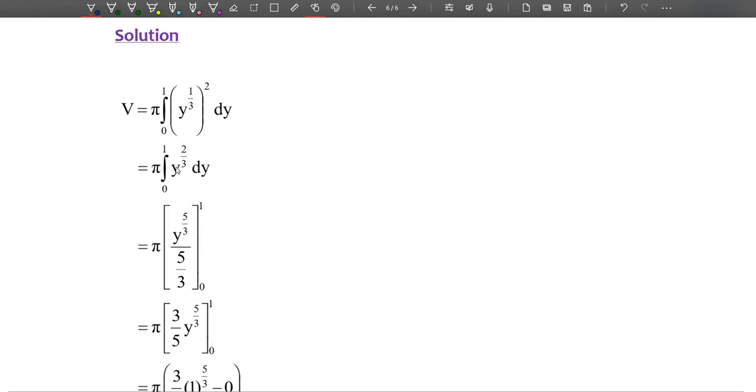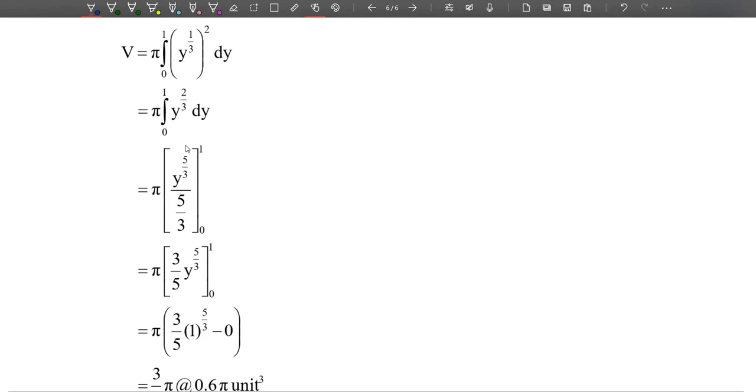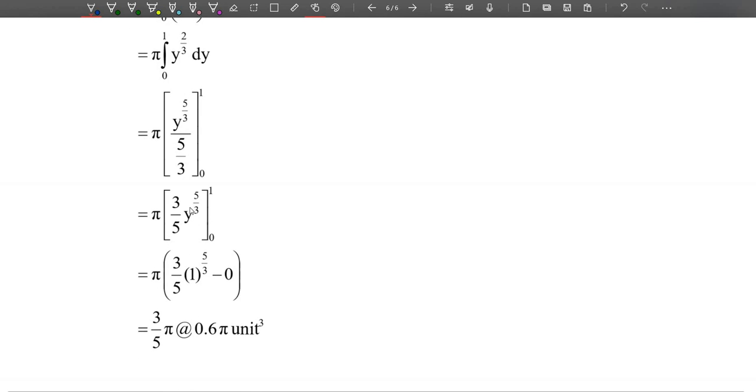Integrate y to the power of 2 over 3, it will be y to the power of 5 over 3 over 5 over 3, which can also be written as 3 over 5 times y to the power of 5 over 3. Substitute the value of the upper boundary minus the value of the lower boundary, and remember to still write 0 even though the value is 0. Thus the final answer is 3 over 5 pi, or 1.88 unit cube, or you can also multiply 0.6 with pi.